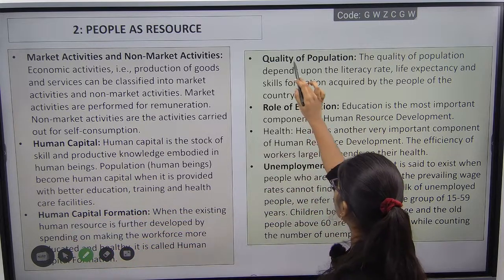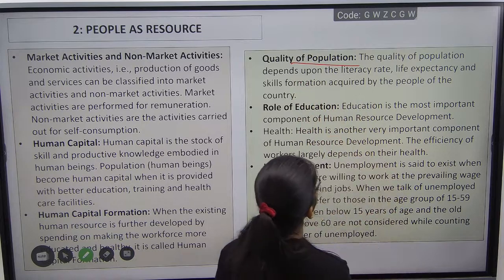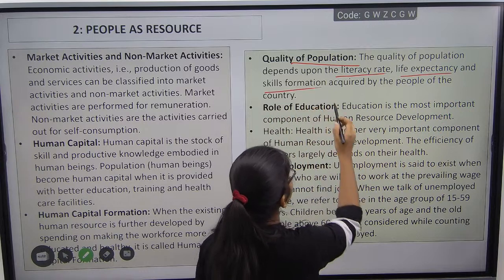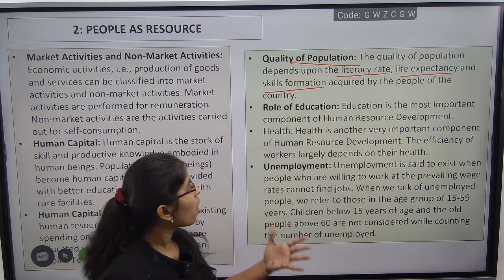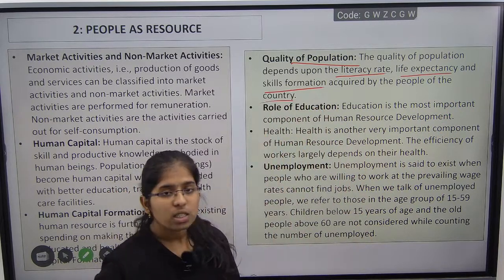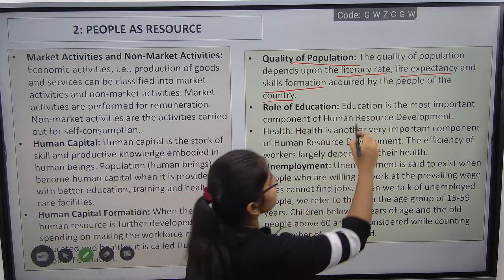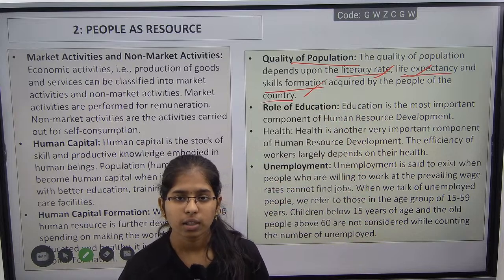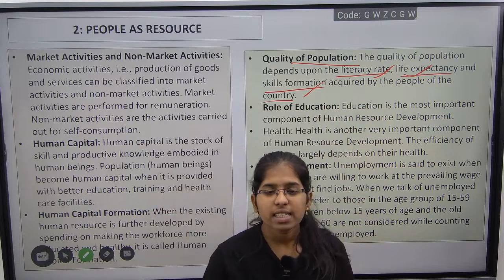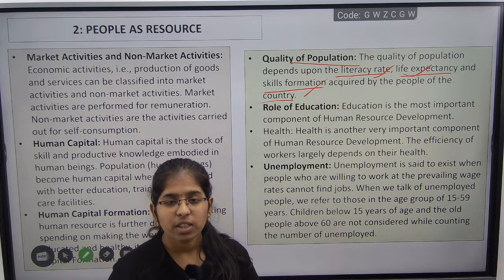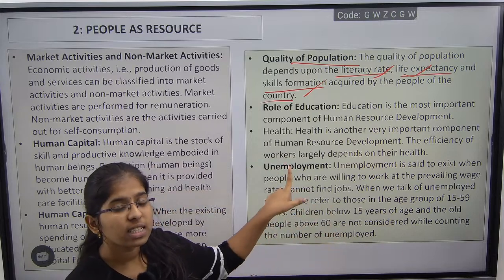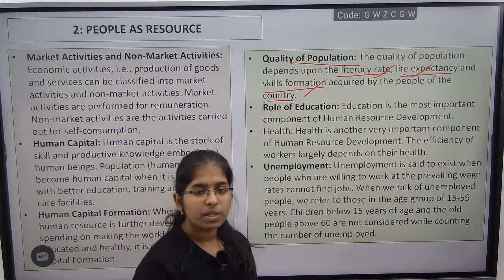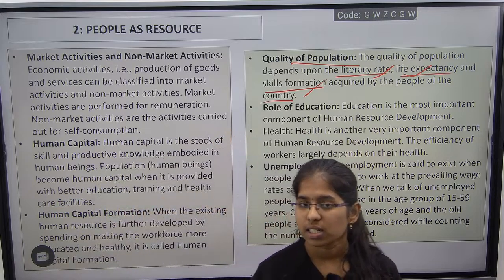And we will see the quality of population. The quality of population depends upon literacy rate, life expectancy and skill formation acquired by the people of the country. It decides the quality. That means a country consisting of a large number of people with good skills should be considered as having a quality population. There, productivity and production are increased.